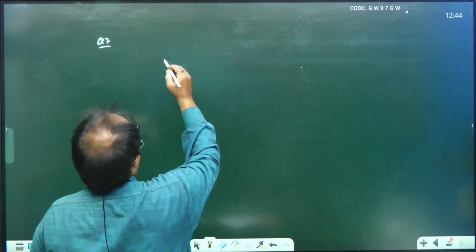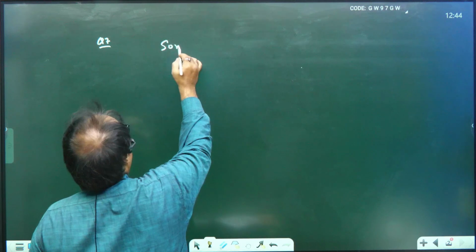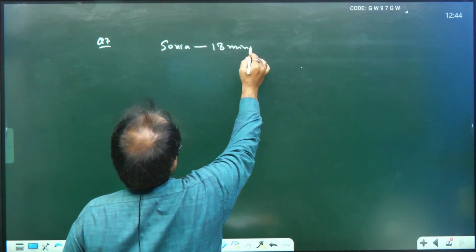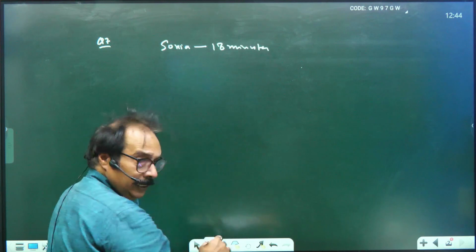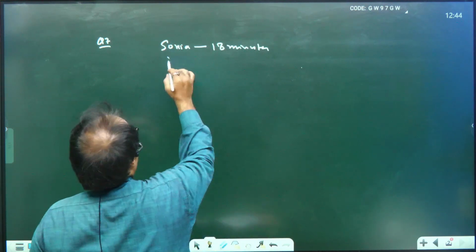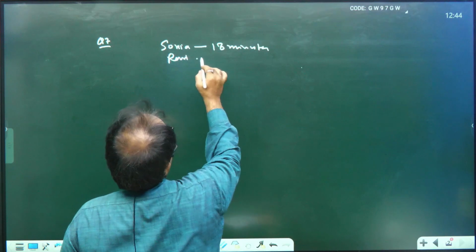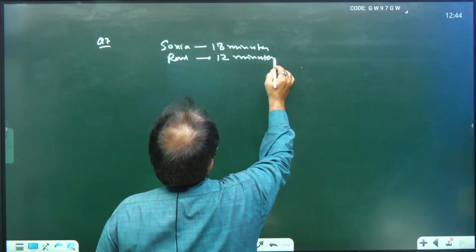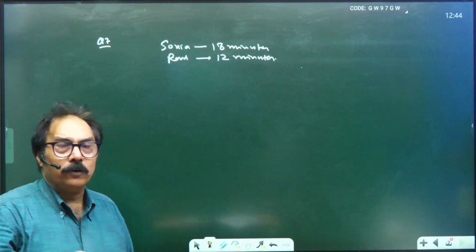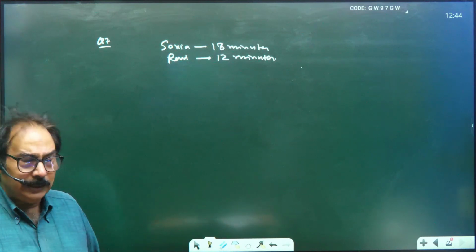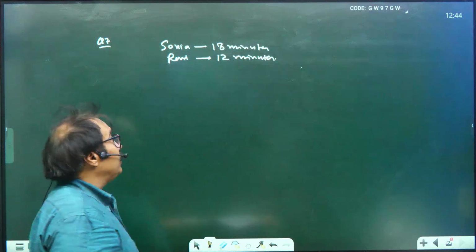So here Sonia is taking 18 minutes, and Ravi takes 12 minutes. The question asks after how many minutes they will meet again at the same point from where they started.